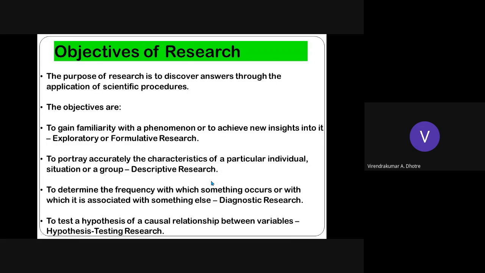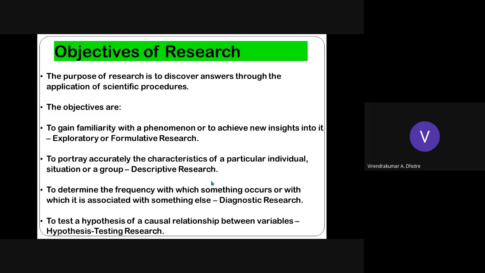So this is hypothesis testing research. Hypothesis is one assumption. The hypothesis is that two molecules of hydrogen and one molecule of oxygen will create a drop of water, H2O, right?